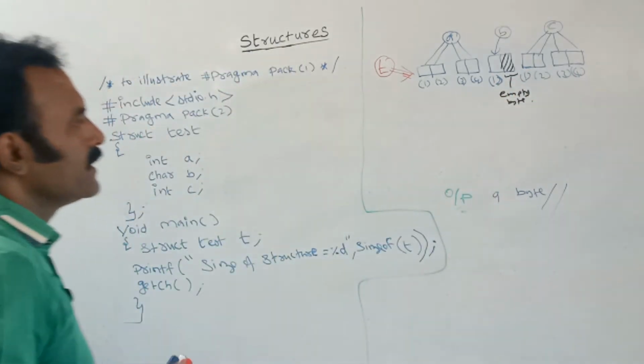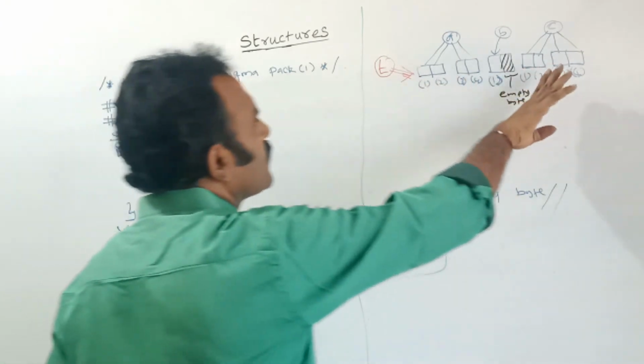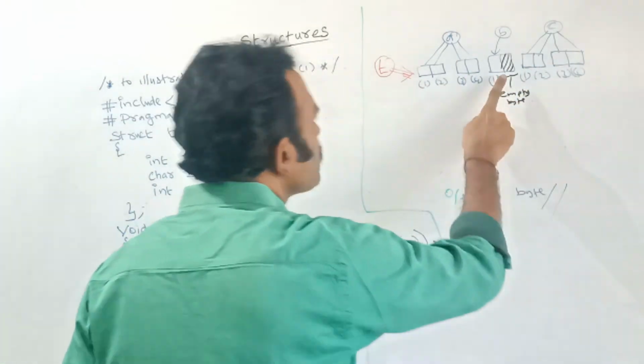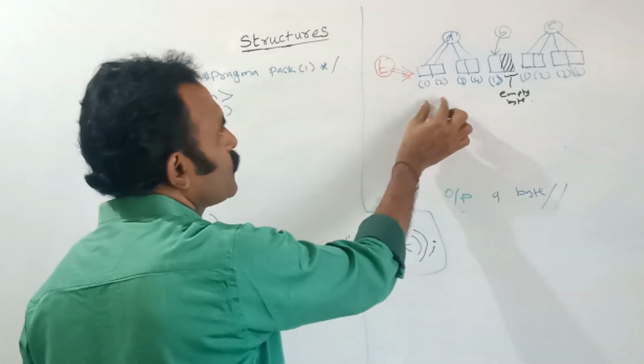So here empty byte. Suppose if you are running this program, what will be the answer? Here totally 10 byte, because here 1 byte remaining free byte was there, as it is aligning to 2 byte.